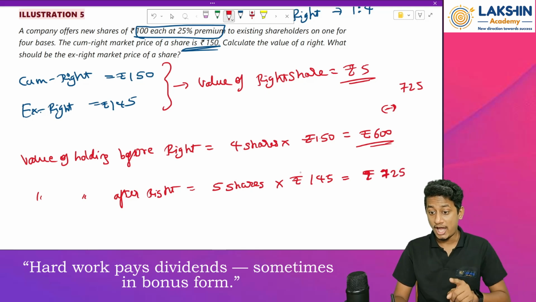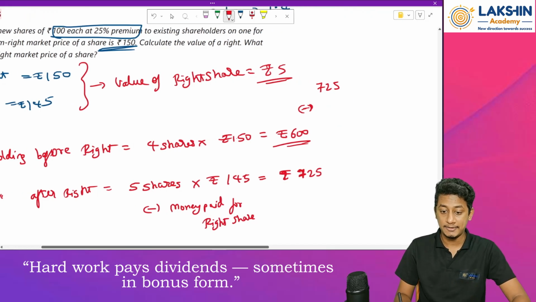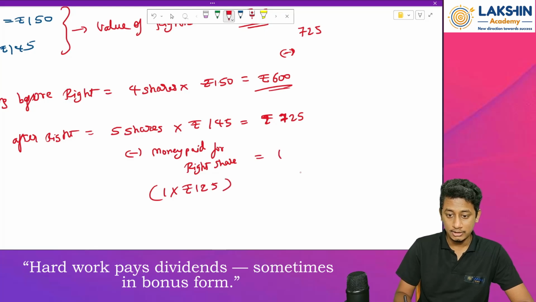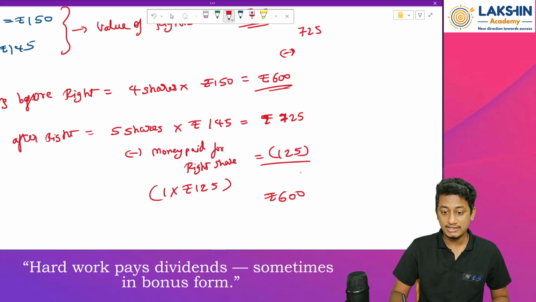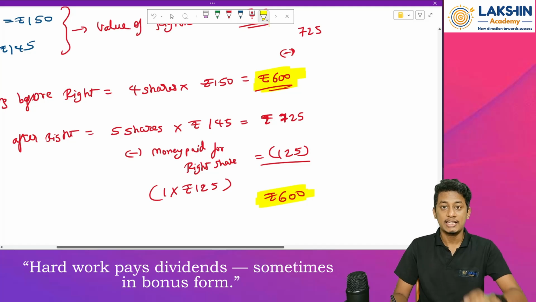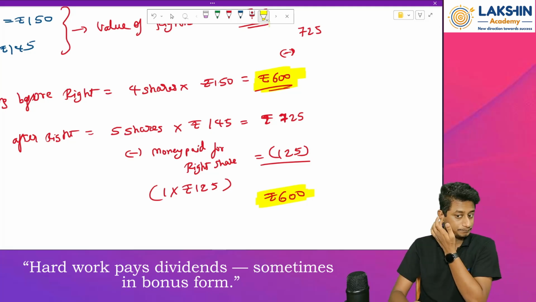But we should also look at one more thing: less money paid for the right share. How much was paid for one share? Rupees 125. So the net value is rupees 600, which is equivalent to the earlier part. So before and after the right share, his net worth or investment remains the same. Clear?